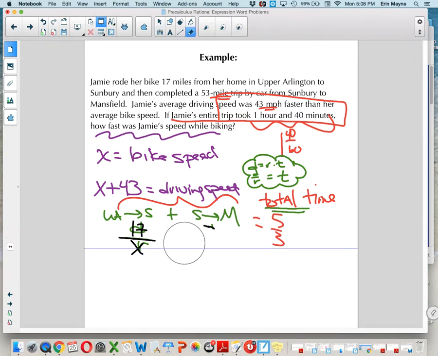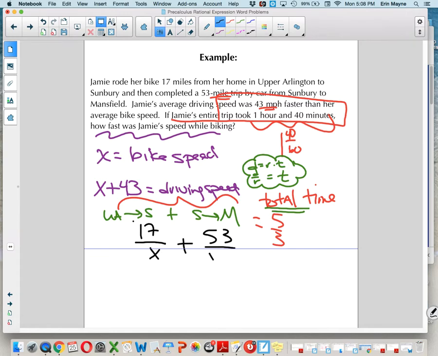So just so we can see that a little more clearly, go ahead and hit pause. This has a little bit more sophistication in terms of solving a rational equation. Hit pause if you would and solve. Go. Okay, so if you notice, my common denominator is 3x and x plus 43.